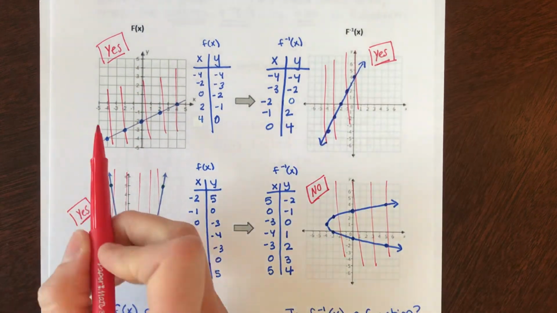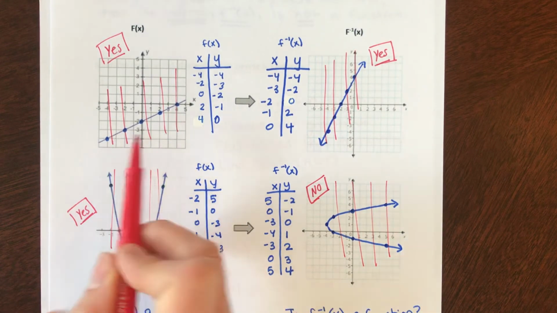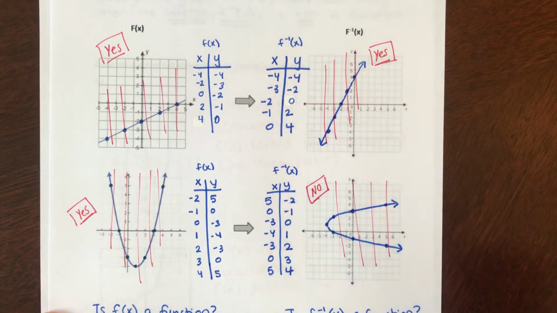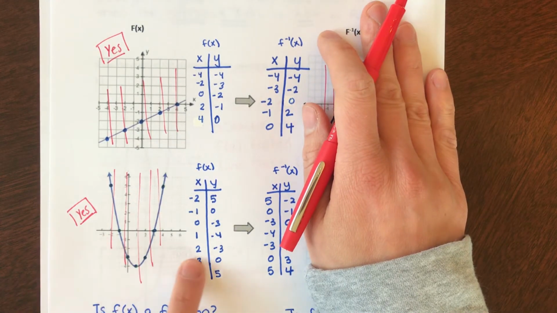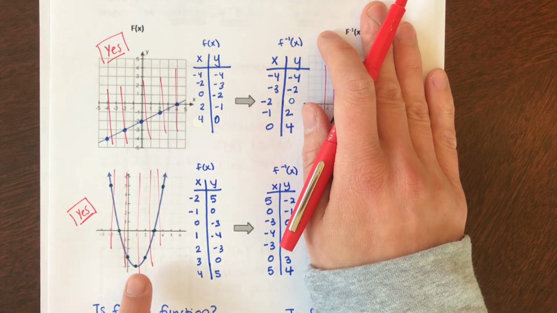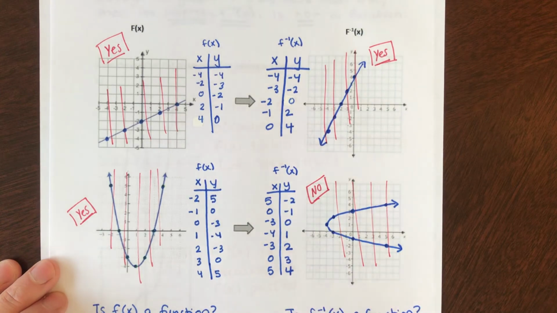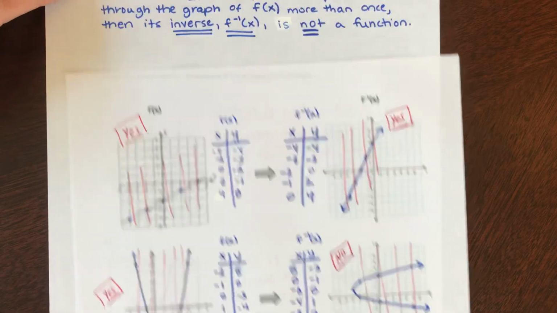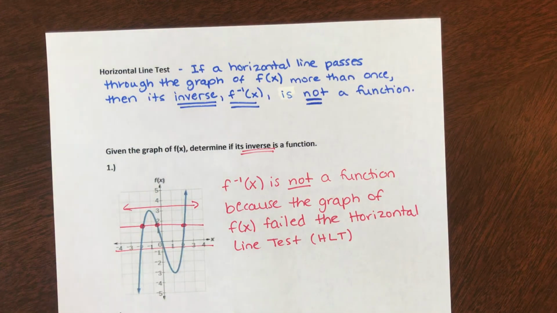If you pass horizontal lines through this graph, it would pass the horizontal line test, so its inverse would be a function. Here, if you passed horizontal lines through this original function, you could see it would pass more than once, which means it would fail, which means its inverse would not be a function. So the horizontal line test is kind of just a shortcut for determining if a function's inverse is also a function.